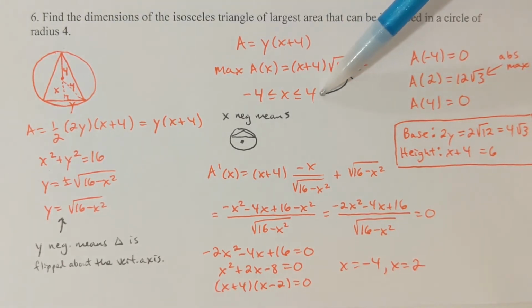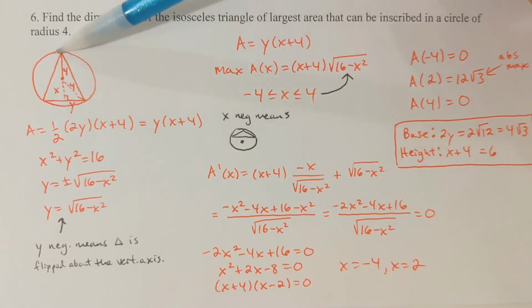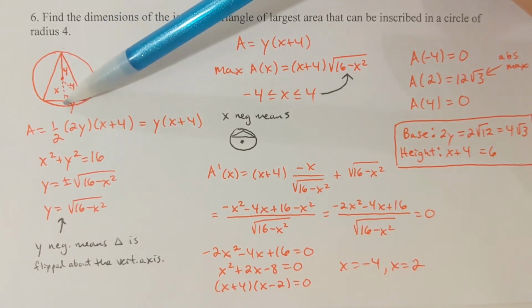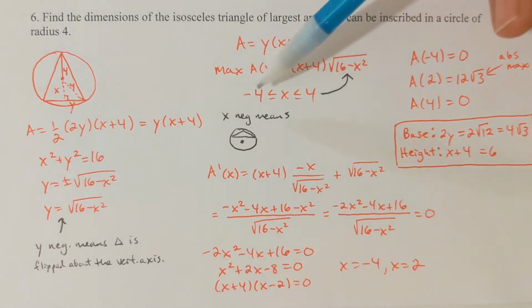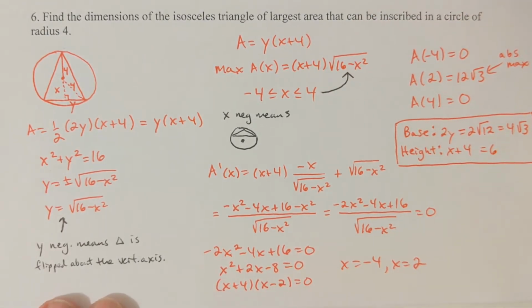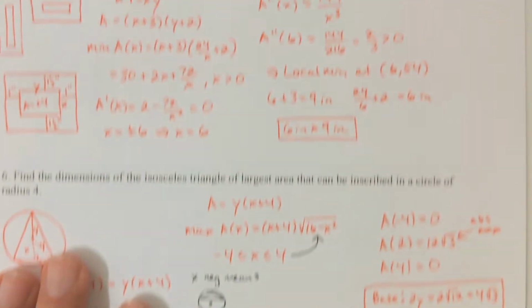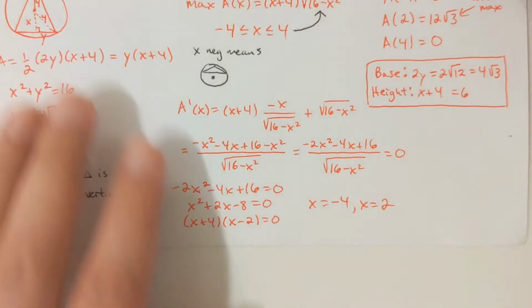If x is 4, you would just have a vertical line in the circle. And again, that would produce an area of 0, okay? So we wouldn't be considering those, although those numbers give us a closed interval here. So I'd want to use those endpoints. That way I can move forward by using the techniques that are in section 4.1 rather than section 4.3 here with the first derivative test or a second derivative test. Okay.